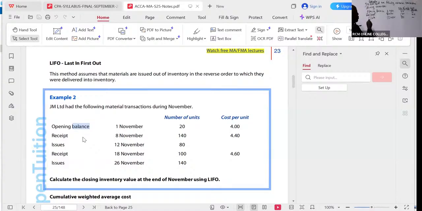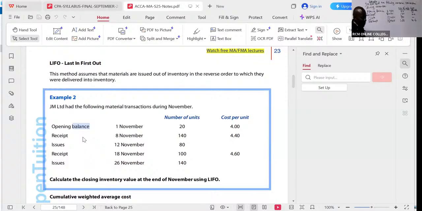Then the next transaction is a receipt, 18th November, 100 at 4.6.